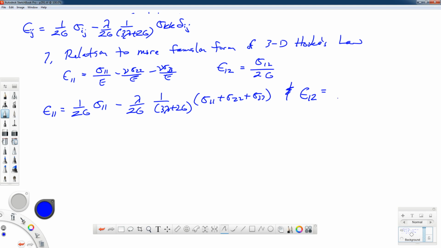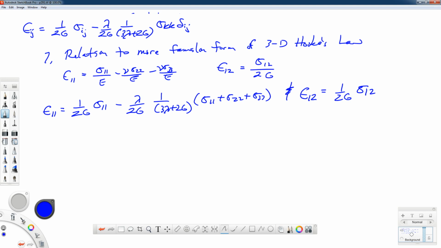So epsilon 12 is equal to 1 over 2G sigma 12, and this term goes away because it just doesn't exist. So we have perfect agreement with our shearing terms, and similar for epsilon 13 and epsilon 23. But let's see what's going on with this term for the normal strains.